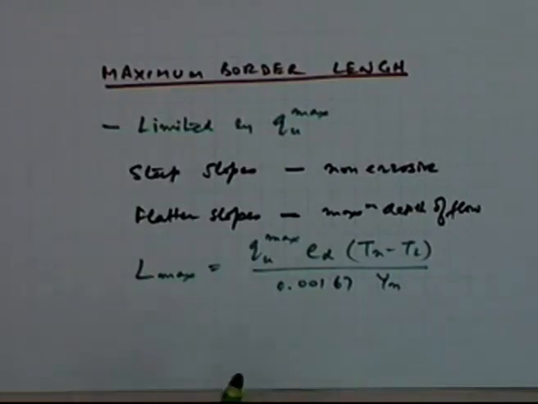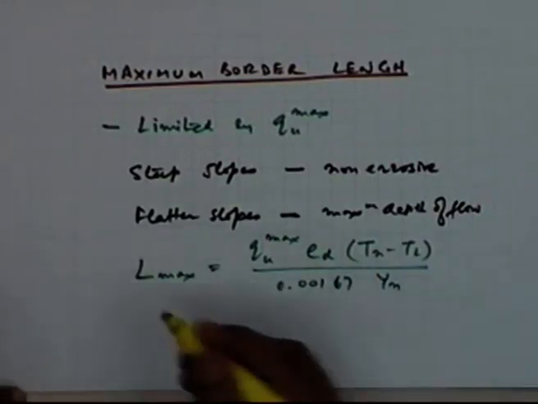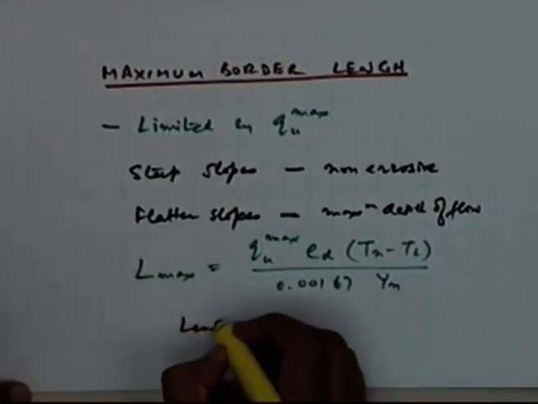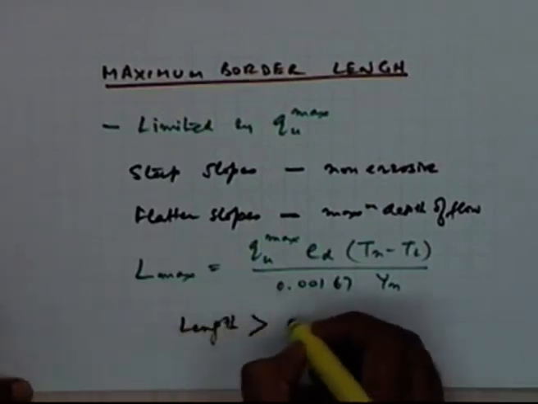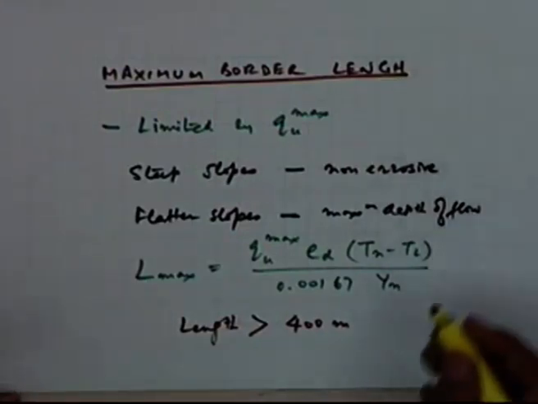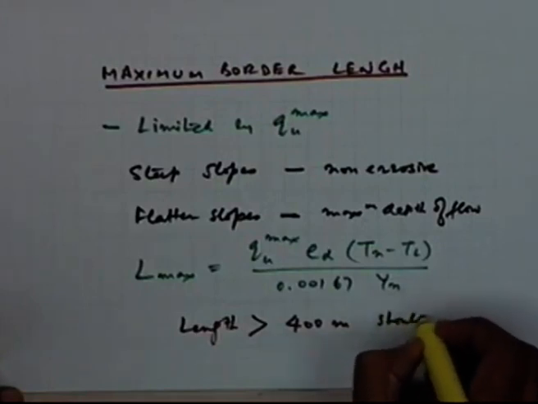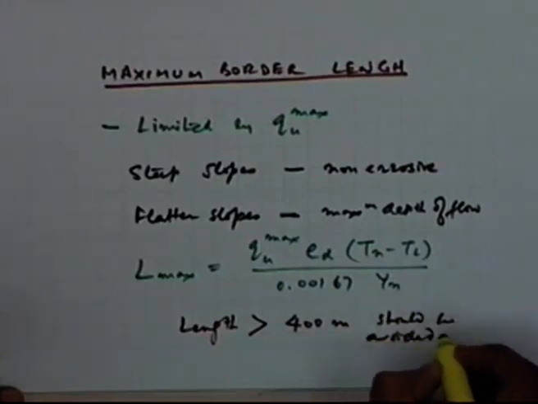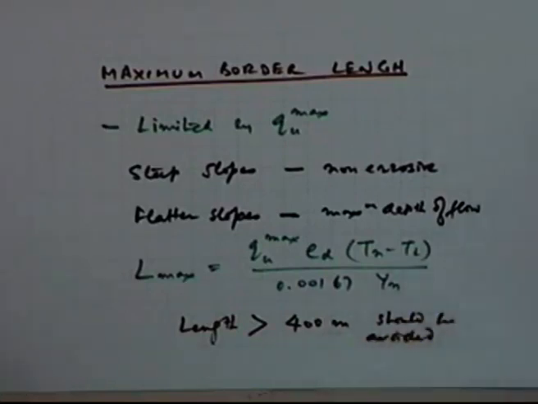In some situations, if your intake rates are very low, you might find that you get a very big value. In general, any length which is greater than 400 meters should be avoided. The length in general shouldn't go beyond 400 meters, it will become unmanageable.